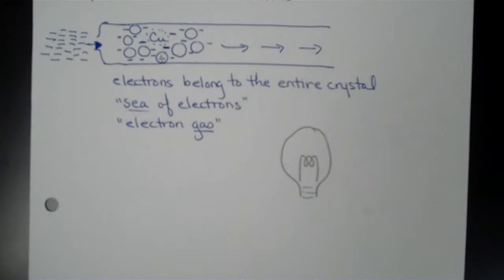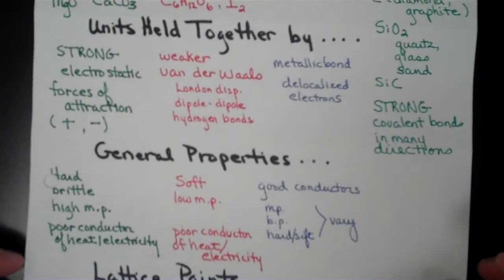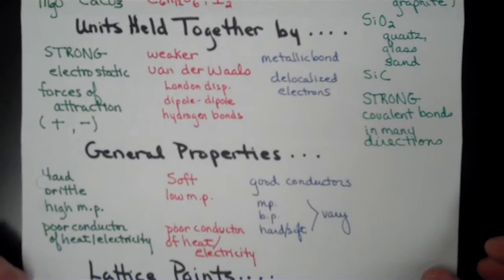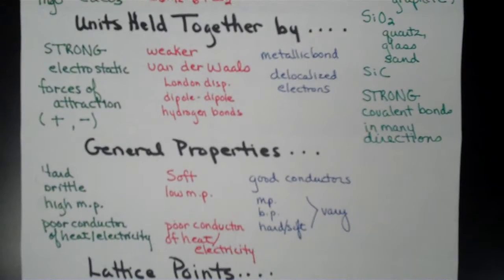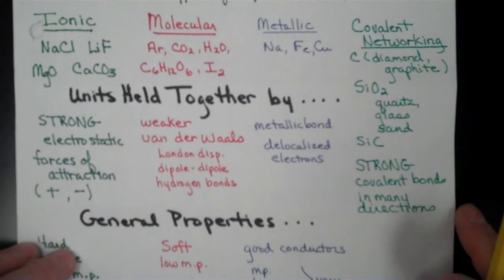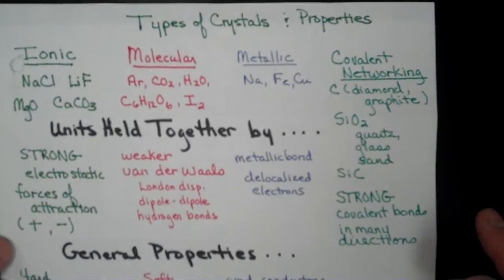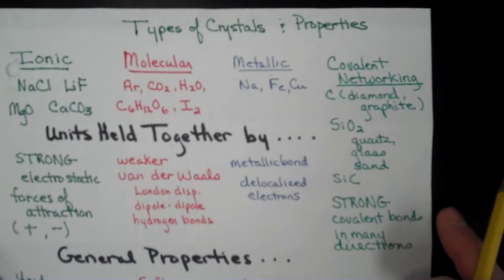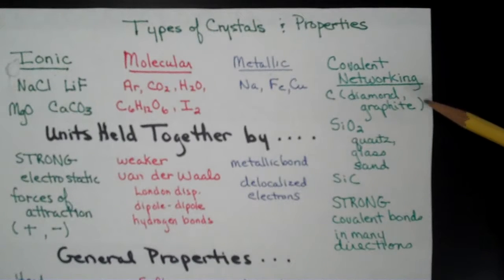Okay, at this junction then, we want to go back and talk about the last type of crystal that we need to learn. And so this type of crystal is called a covalent networking crystal. For covalent networking crystal, the term becomes kind of problematic for us.